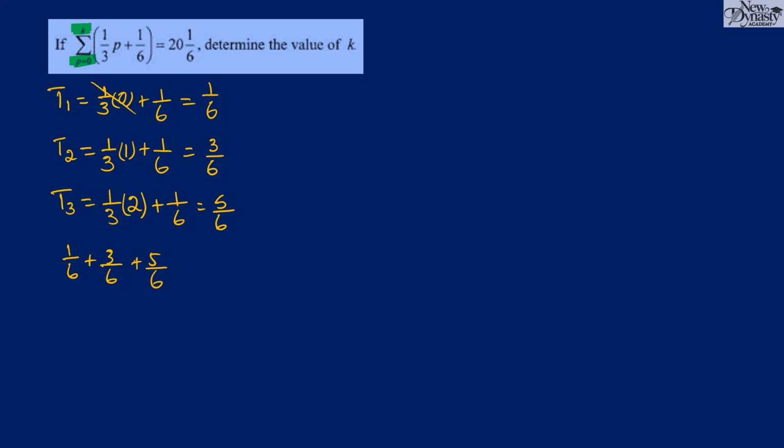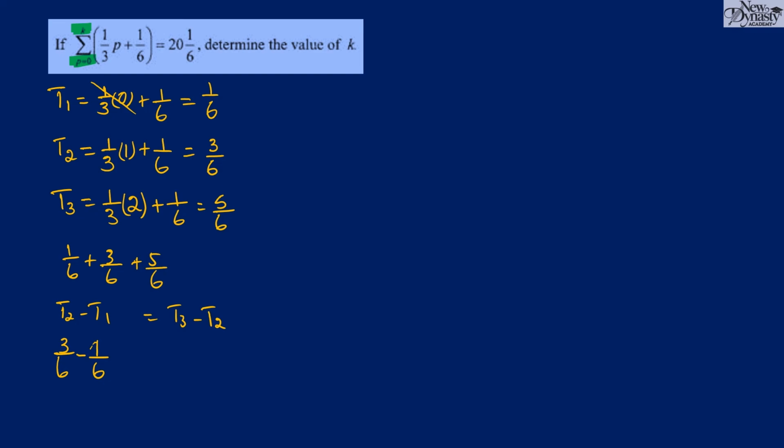Let us first do the common difference by saying t2 minus t1, and that should be equal to t3 subtract t2. So t2 is 3 over 6 minus t1, which is 1 over 6.